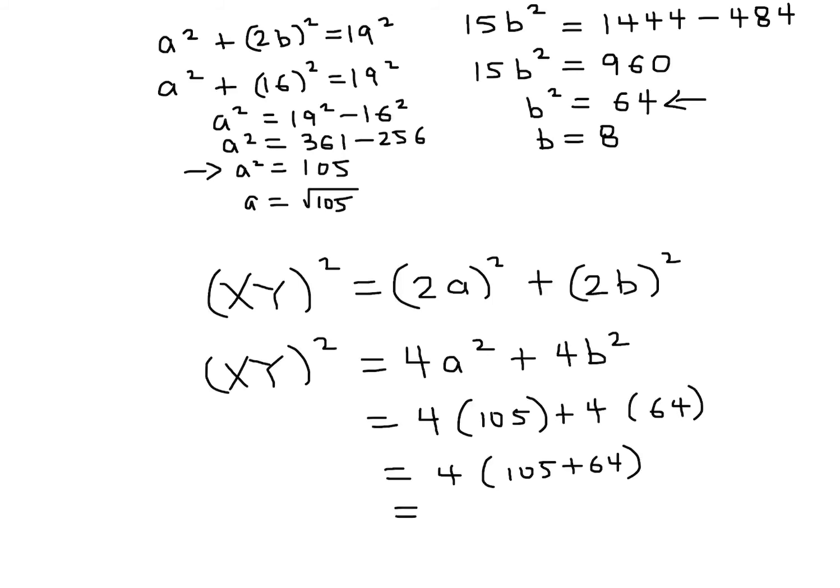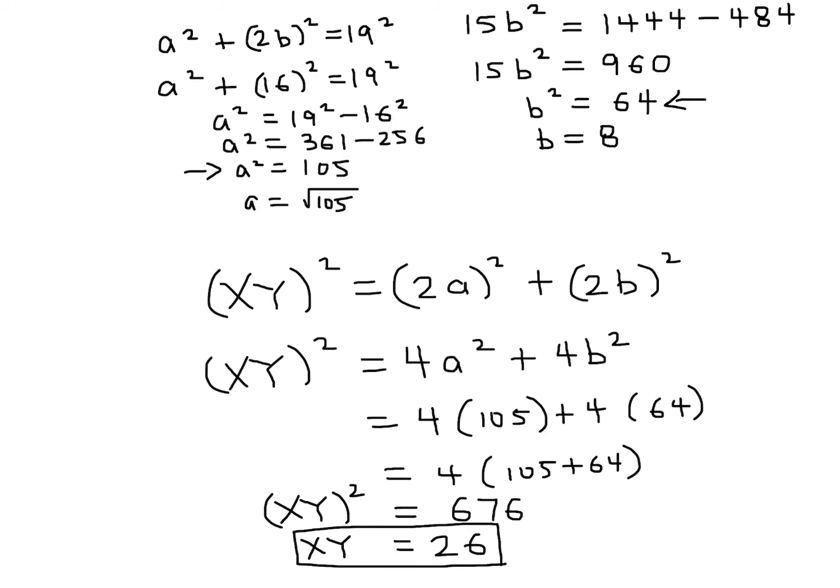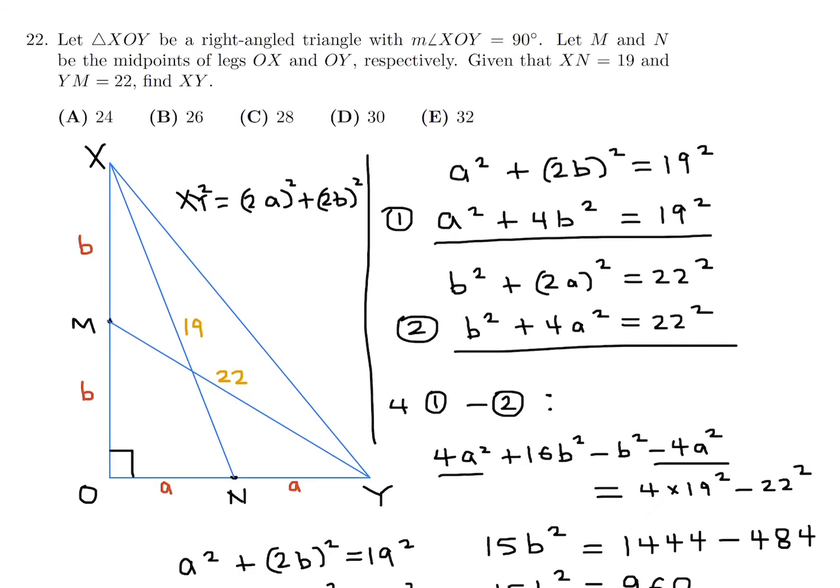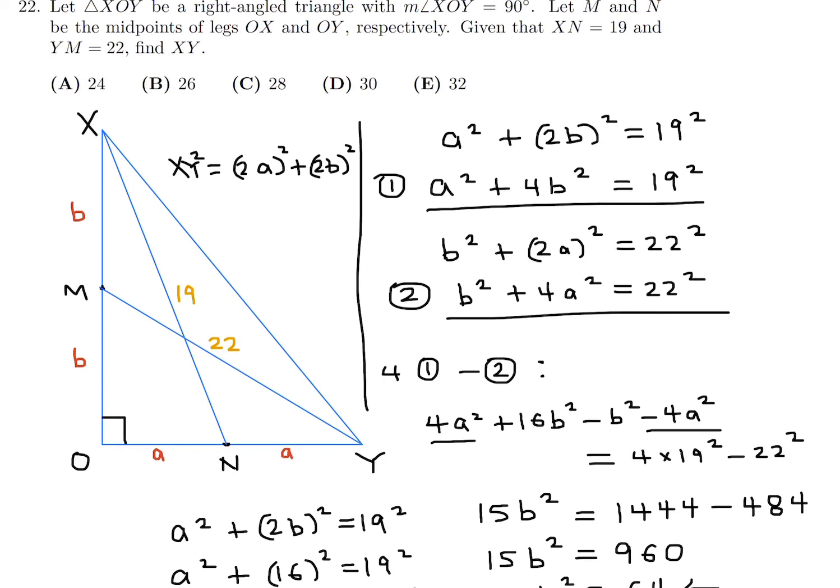So that is equal to 169 times 4, which is 676, is XY squared. And if you take the square root of that, you will get 26. So XY is equal to 26. And therefore, number 22, the answer is B.